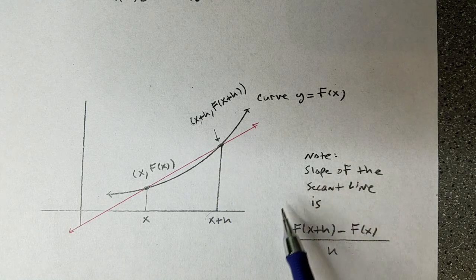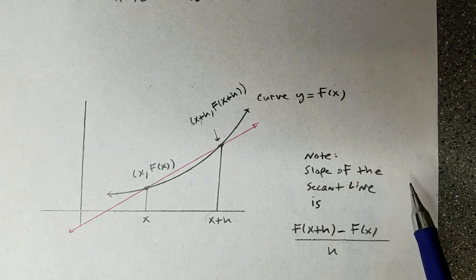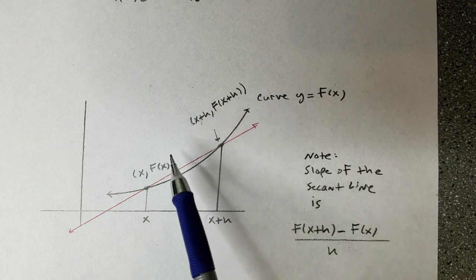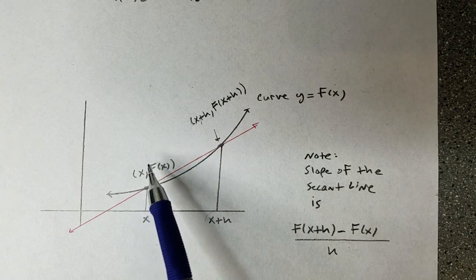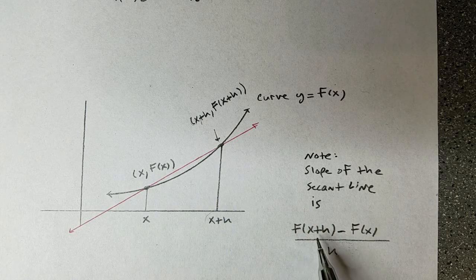The slope of that secant line, we've done this so many times at this point, it's rise over run. You take the y coordinates and subtract them, and the x coordinates and subtract them. If you did that for that line, you would get f of x plus h minus f of x over h.